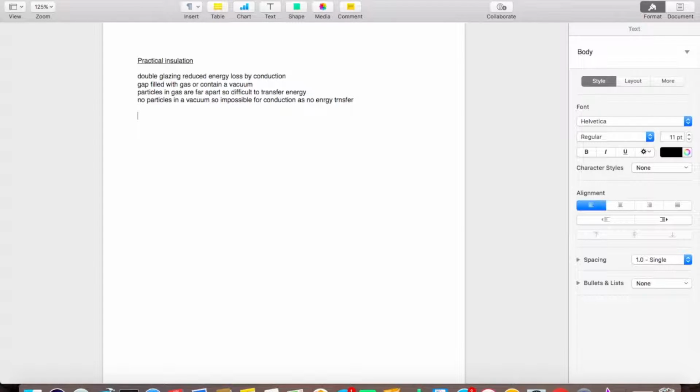Loft insulation reduces energy loss by conduction and convection. Warm air in the home rises.